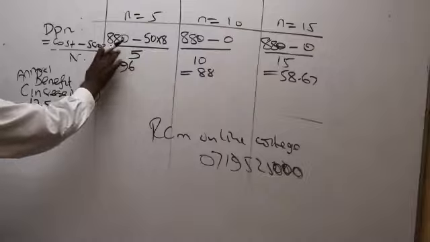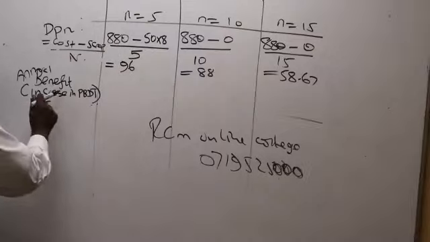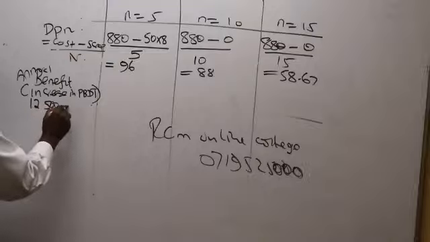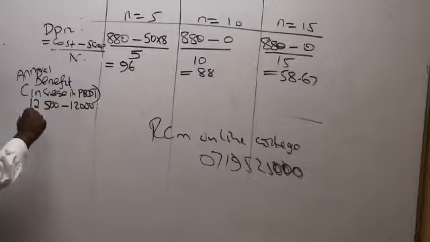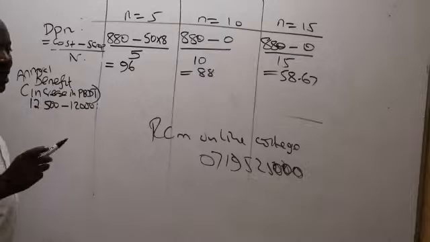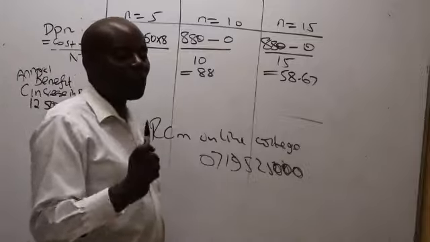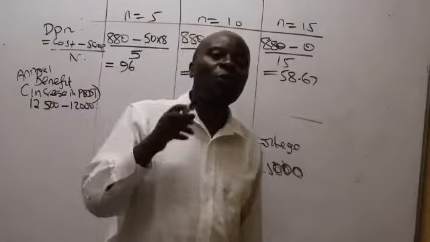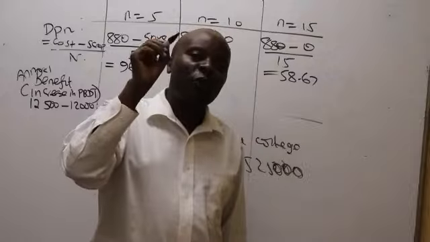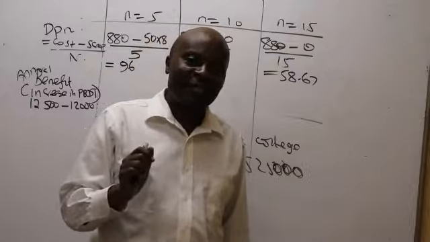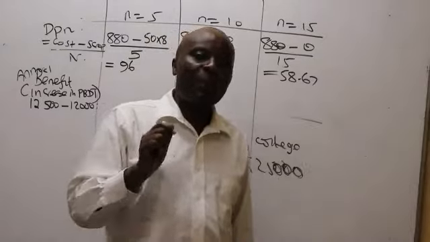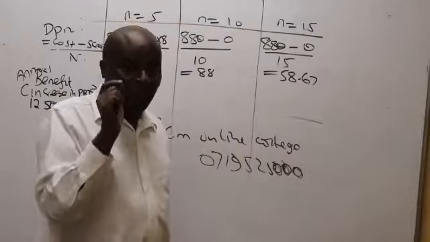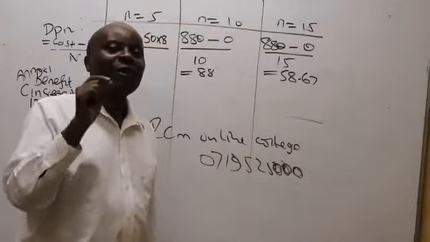These were in terms of thousands, remember, so it should be 12,500 minus 12,000. My figures are in thousands, cut 3 zeros. So when I install these machines, our profit will increase from 12 million to 12.5 million. I'm able to see straight out that there's a benefit each year of 500,000.